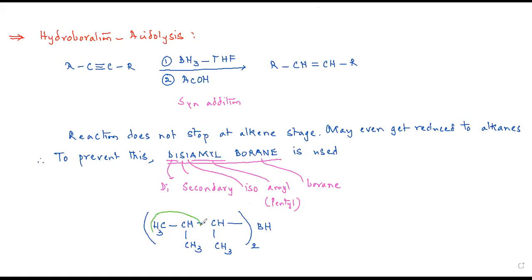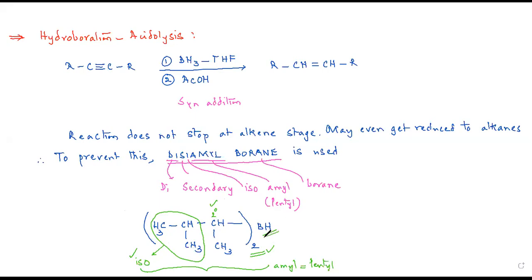See, this is of course iso. You got di, and see, the thing that has the point of connectivity is a secondary carbon. So come on, di, secondary, iso, and the overall thing is amyl or pentyl.